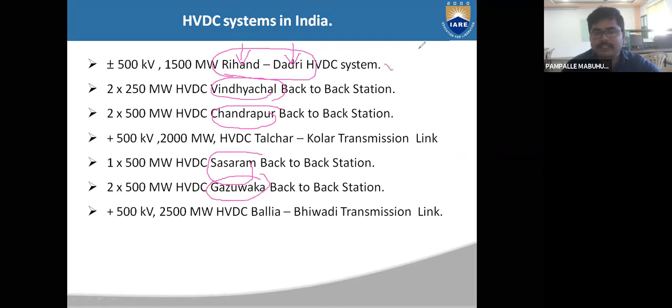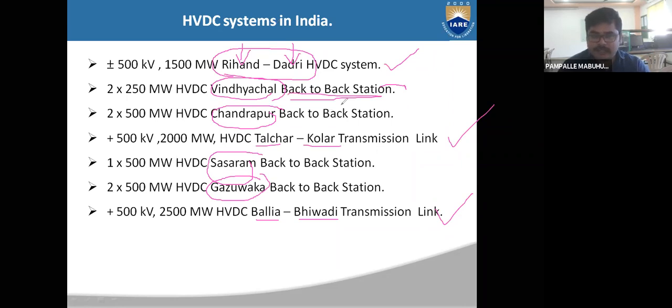Here it is Talchar and Kolar, here Balia and Bhiwadi. What does it represent? At these stations, only one location means that the HVDC transmission system is a back-to-back system.